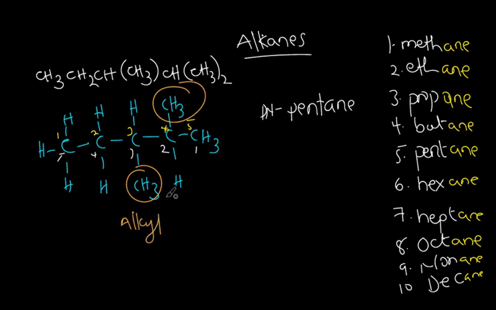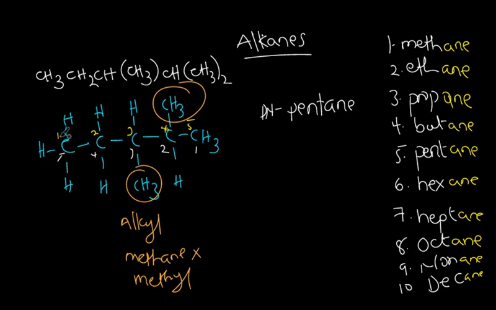Because it has one carbon, it is what? Meth. But because it's an alkyl group, instead of saying methane, as in alkanes, the name will be methyl for this substituent.